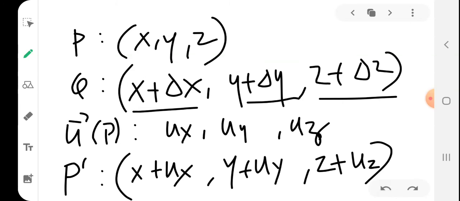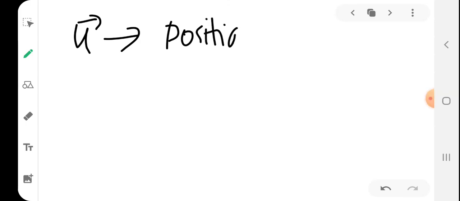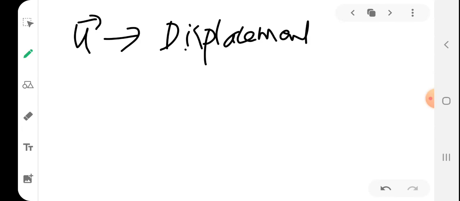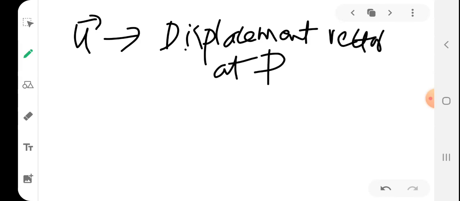So you have to find the values of q dash. How to find? So students, if u vector is the displacement vector at p, okay.